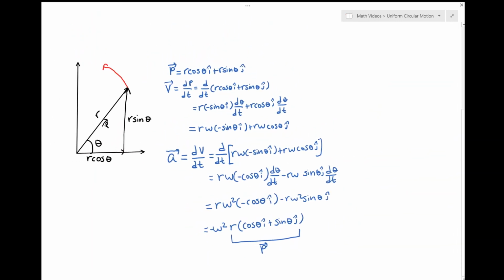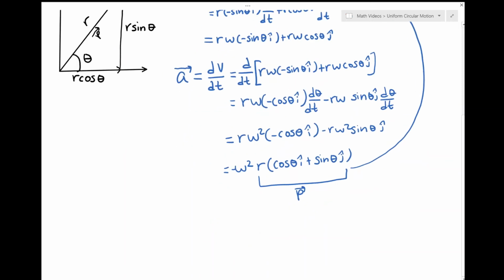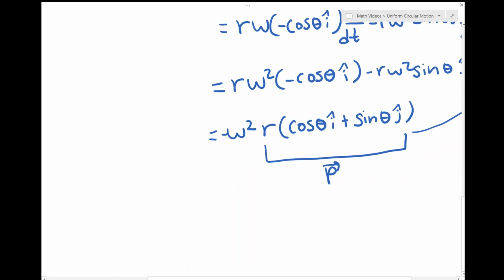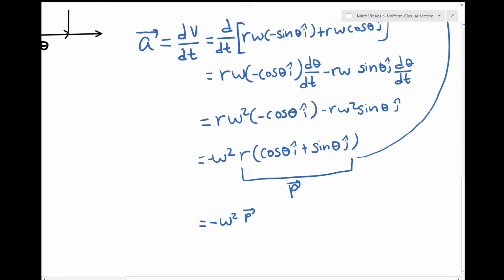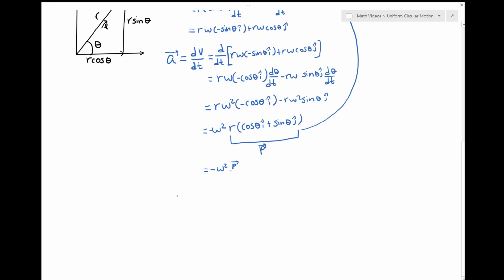So you can see that this is just the position. This relates back there. So we can replace that, and we get equals negative omega squared times the position vector. So now we have the acceleration. Now the force is just mass times acceleration. And acceleration is this. So we have the force is negative m omega squared P.